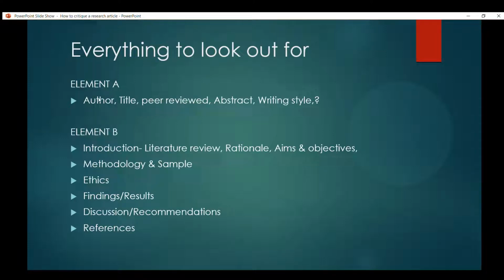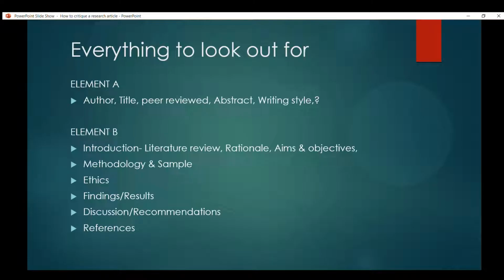So you have the author, the title, peer review, abstract, and the writing style. Then for element B, you have all the other details, which is the robust part of the article.